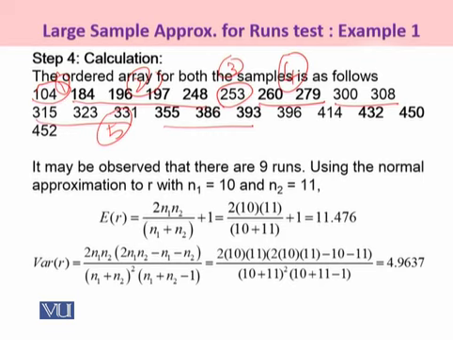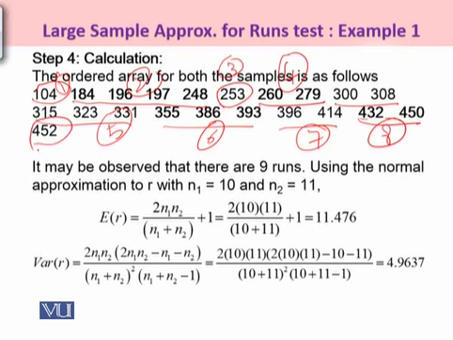Then we have a highlighted one, 6. Then we have these two values, run is 7. These two highlighted are taken from the second sample. Total number of runs is 8. And finally, we have a single value from sample number 1. So we would have a total of 9 runs.